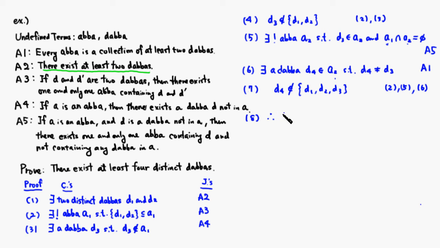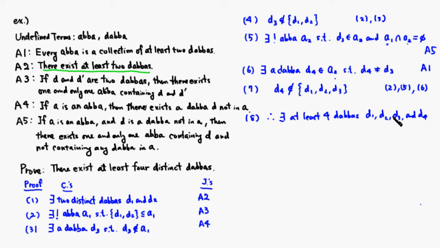Therefore, there exist at least 4 dabas, namely D1, D2, D3, and D4 in the system.